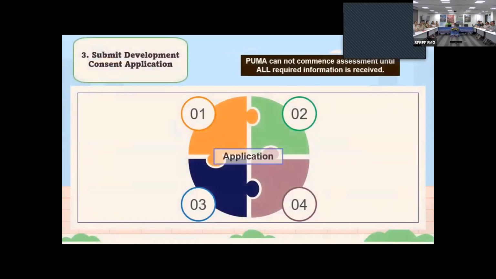All right. Thank you. So now having a closer look at step 3, which is the development consent application. First and foremost, again, I just want to make a point that PUMA cannot go on to assessing an application if all the requirements are not complete. So you must completely give in not only the application form, but also the required documentation.